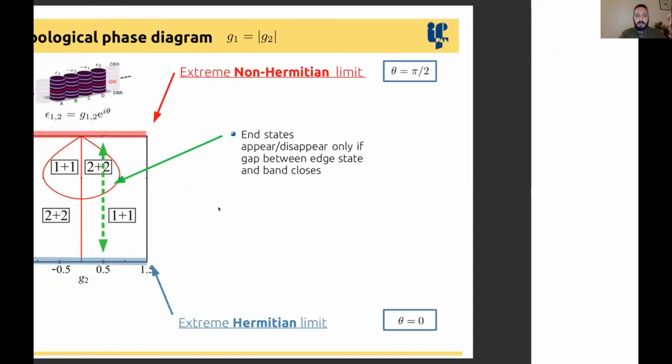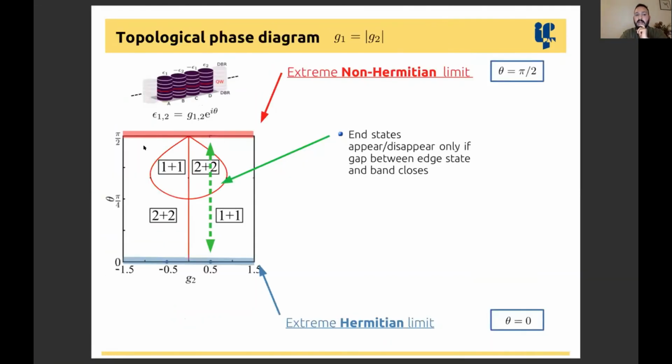That's because 2 edge states just get merged into the band, and eventually we end up with the non-Hermitian limit. So these are the numbers of edge states, and of course the topological invariant characterizes the number of edge states. Okay, other questions?